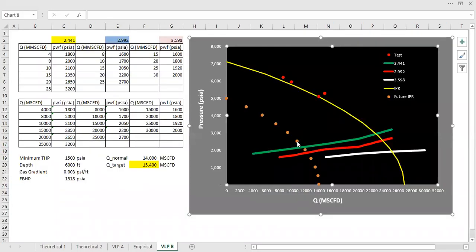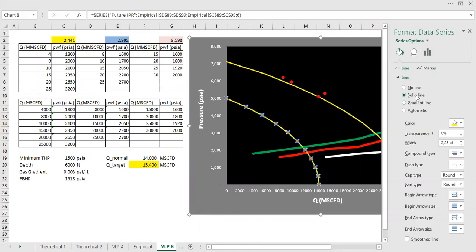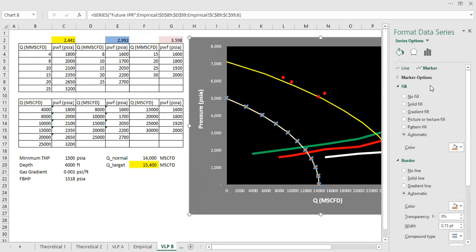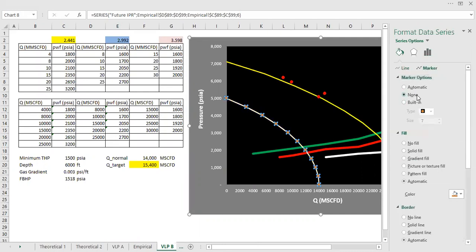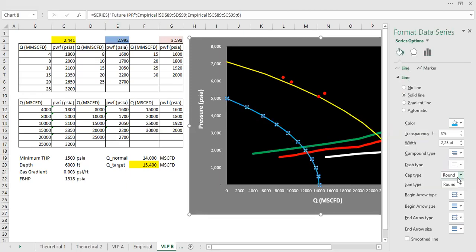Okay. Let's change it to no line. No, I will use solid line. I will color it white and then no marker. Okay. And then, or I will color it green instead. Okay.